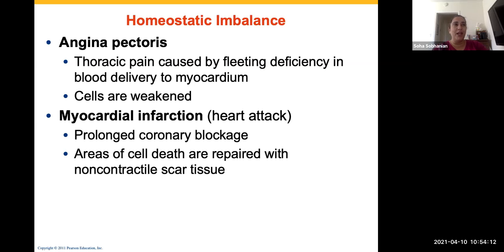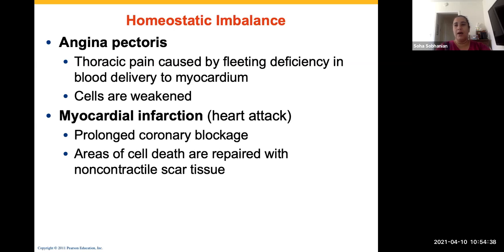So yes, the person may look healthy. They may be able to do a lot of the activities they did before the heart attack. However, they will never go back to that fully healthy individual self, because any cells that are dead come back as scar tissue.